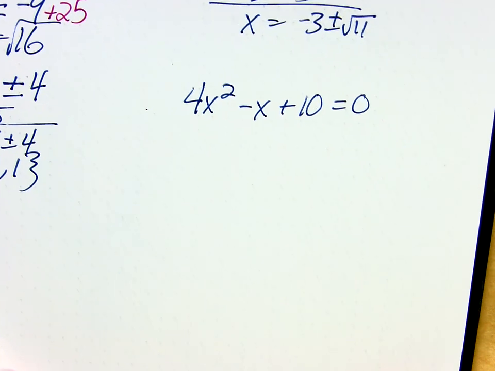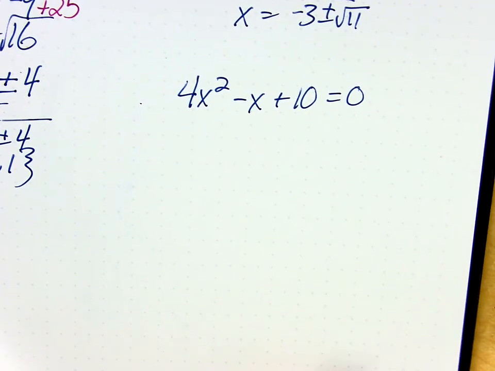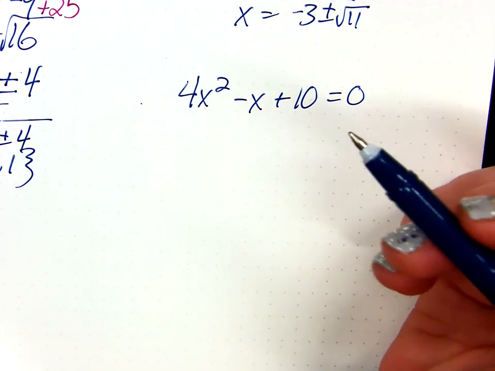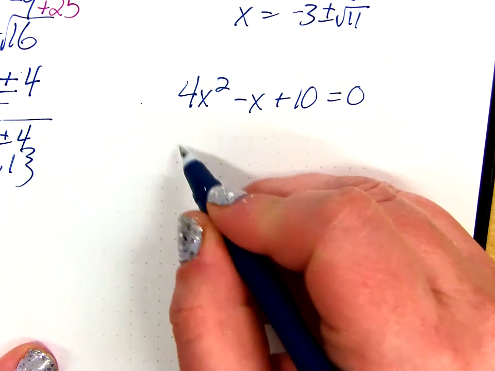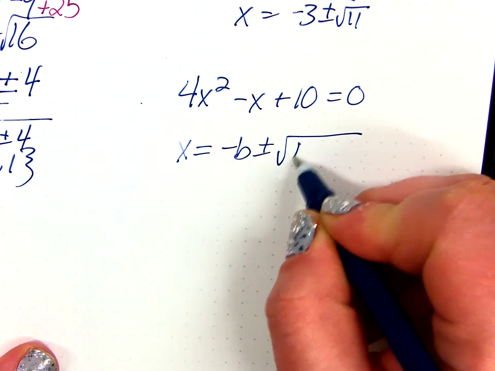So anyway, let's go ahead and solve this one with the quad formula. Of course, if you don't know the quadratic formula, then it's not going to be much use to you, right? So please make sure that you do know that quad formula and you've got it committed to memory. Okay, so I'm just going to rewrite it so we have it right in front of us.